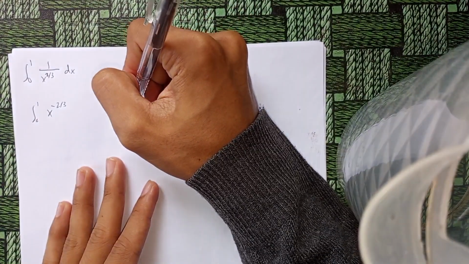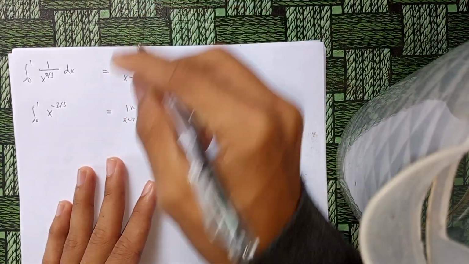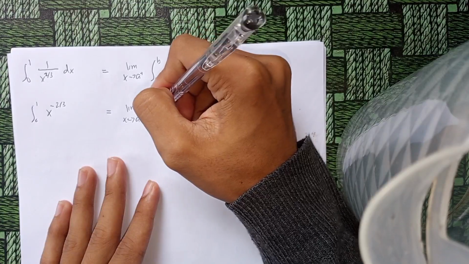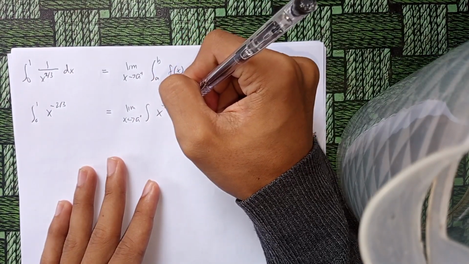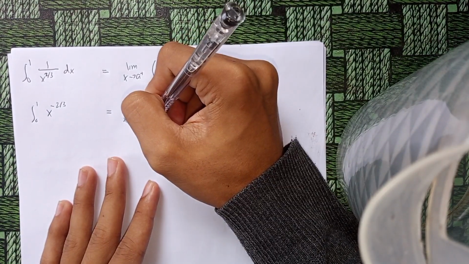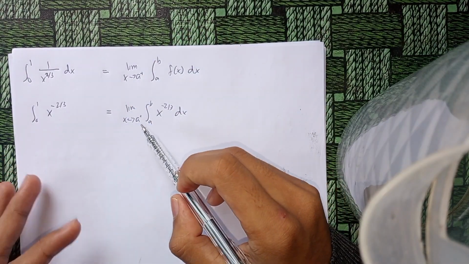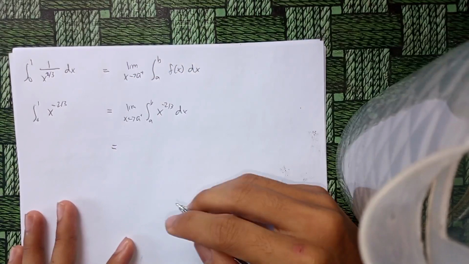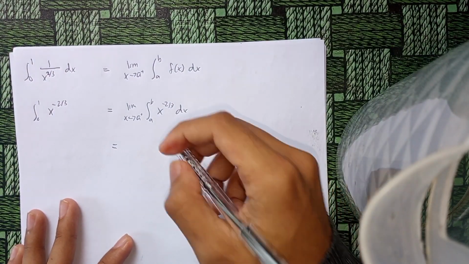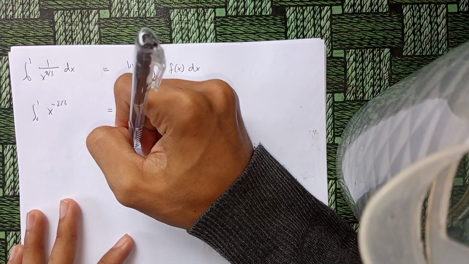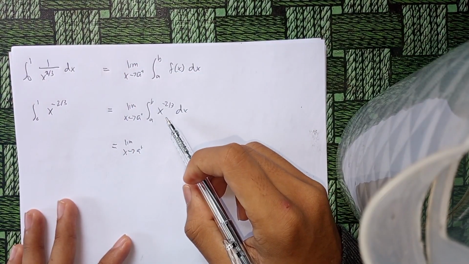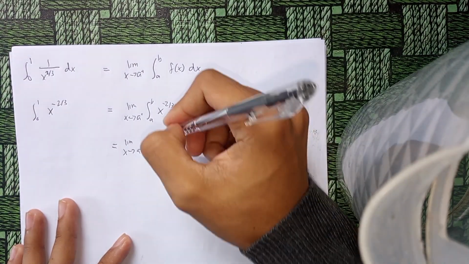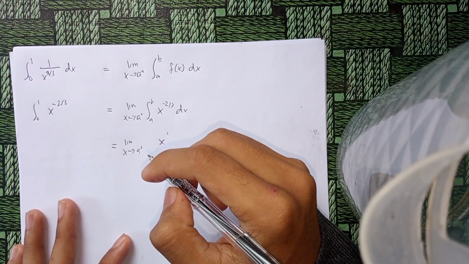Okay, so the limit of the integral of x to the power of negative 2/3 dx as x approaches a from a to b. Then let us integrate the problem. The integration of this is x to the power of 1/3, since we need to add 1 to the numerator.